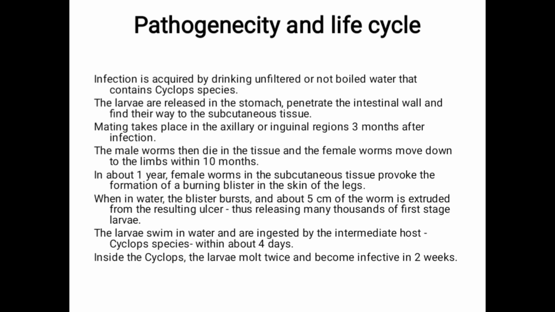The larvae swim in water and are ingested by the intermediate host, which harbors the larvae for a few days only: Cyclops species, within 4 days. Inside the Cyclops, the larva molts twice and becomes infective in 2 weeks. To molt twice means it matures and then becomes infective within 2 weeks.